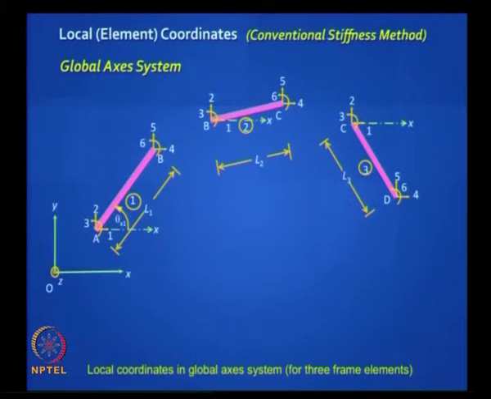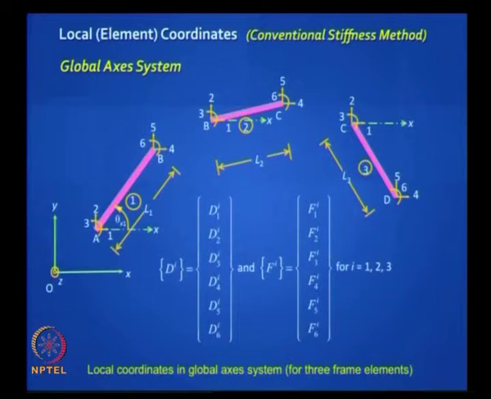This is the transformation that we are trying to do, and so I am now defining element displacement vectors and element force vectors. They are still element vectors because the i refers to the ith element. So this is for i equal to 1, 2, 3. The big difference between this and the previous element displacement and force vectors is, in designation, how do I make the difference?